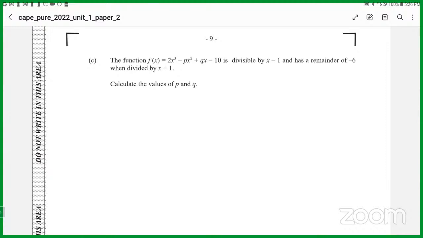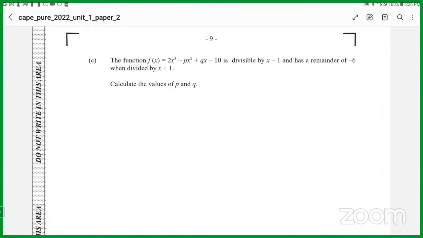All right, so the topic is polynomials. The main area of polynomials is the factor theorem and the remainder theorem, and the use of the factor theorem and the remainder theorem to solve equations and do other stuff.